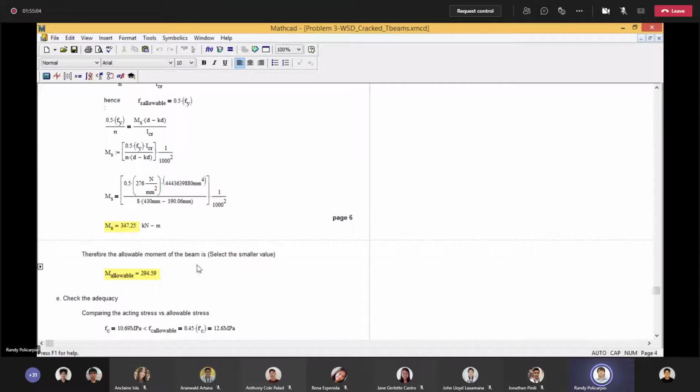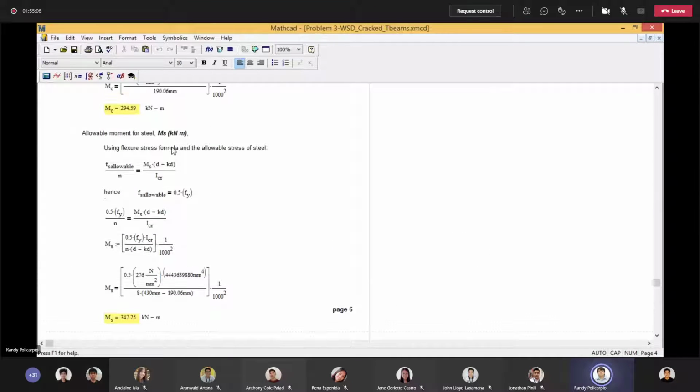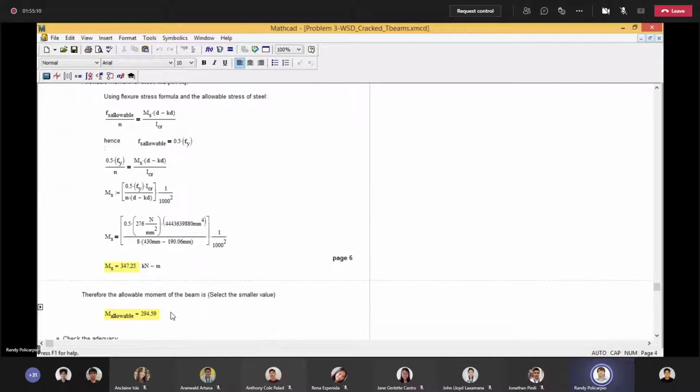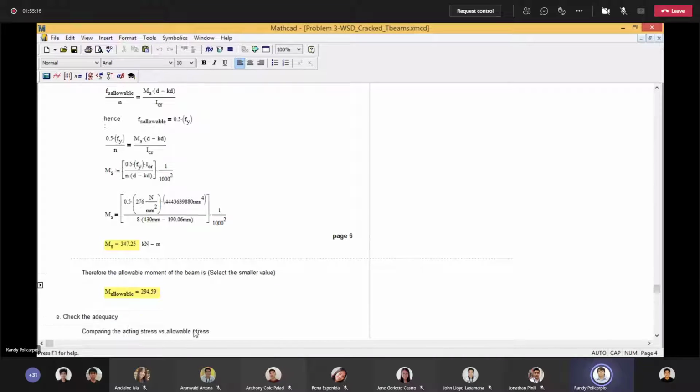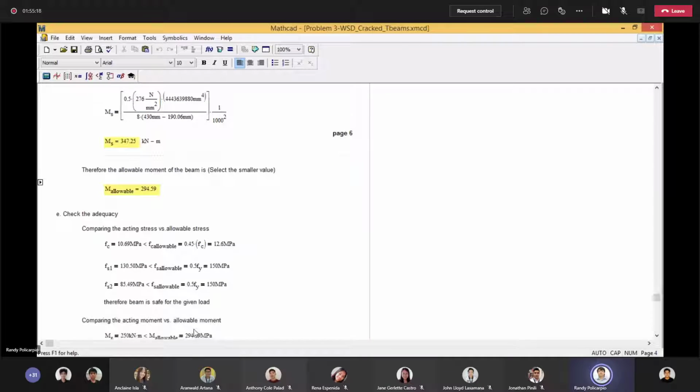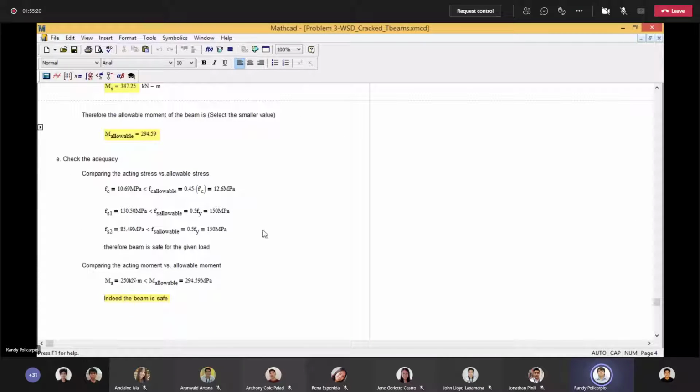And then we select whichever is the smaller of the two, no? So ang allowable moment natin ay 294.59. And then to check the adequacy, okay, the allowable, no, in our FC1 and FS2.